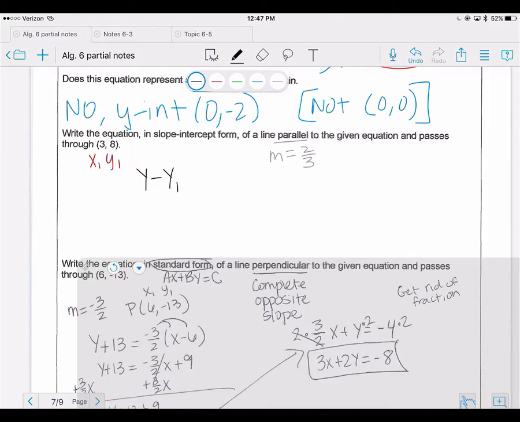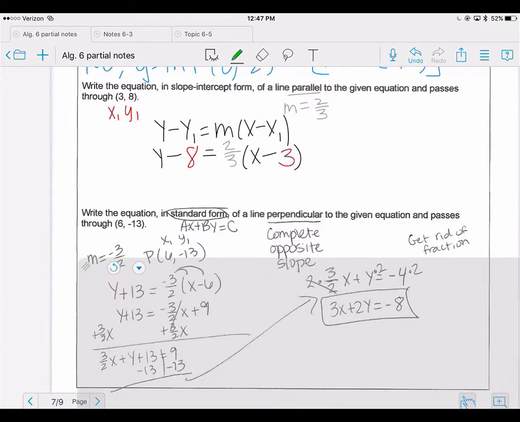I plug into point-slope form. So instead of y1, I put 8. Instead of m, I put 2/3. Instead of x1, I put 3. And remember that the signs on my points 3 and 8 change to be minus 3 and minus 8.